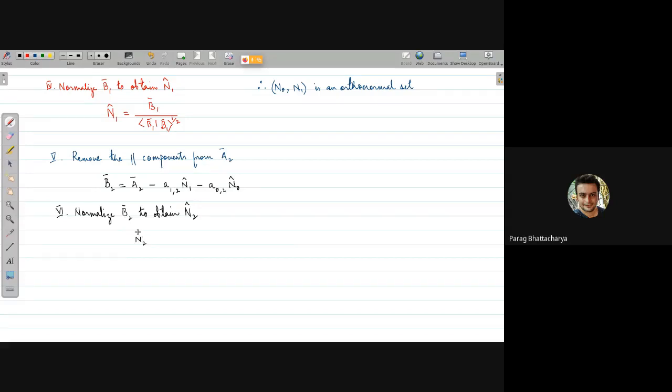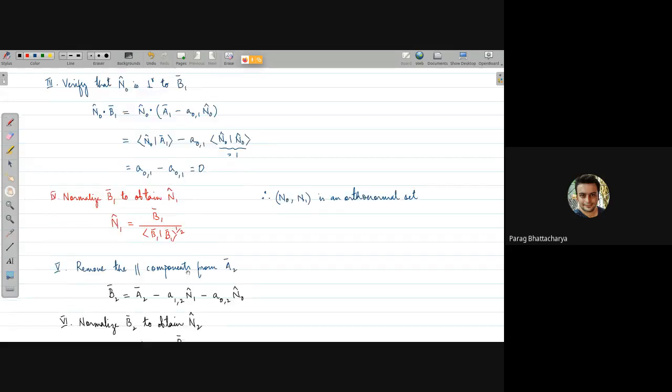N2 cap is equal to B2 divided by its norm, just like that. Okay, so that's how we build upon this one.